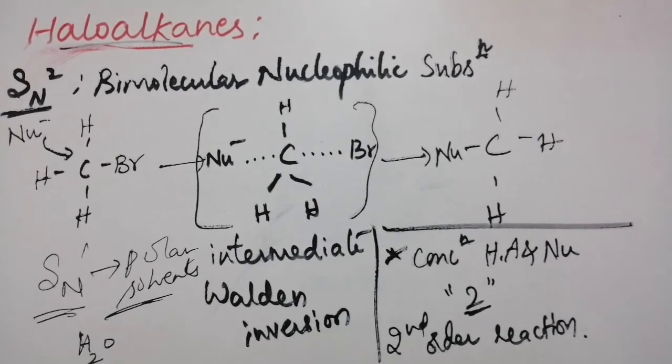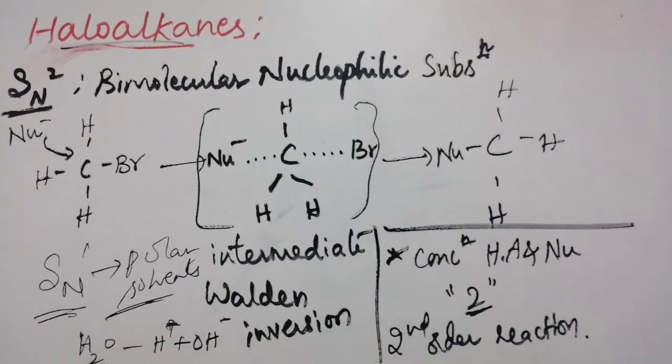For example, H2O breaks as H plus and OH minus. Separation of charges should be there. So SN1 is favored by polar solvents, SN2 is favored by non-polar solvents. This is a major difference.